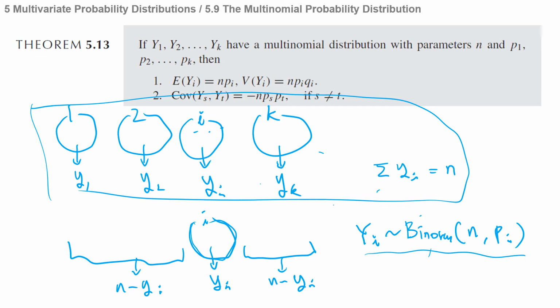Using the binomial distribution, we can easily show number 1. The expected value of Yi is equal to n times pi, and the variance of Yi is n times pi qi. And this is from the binomial distribution.